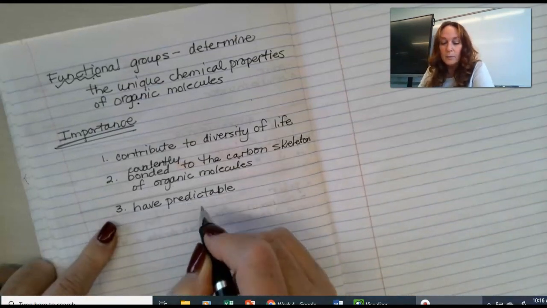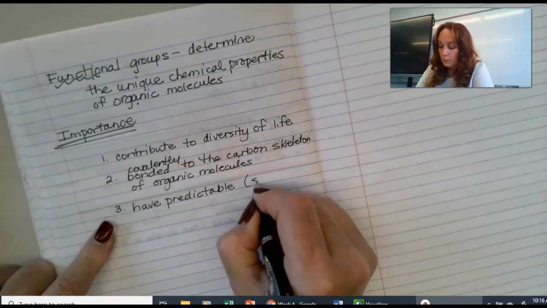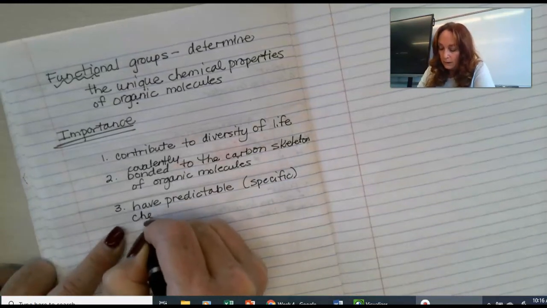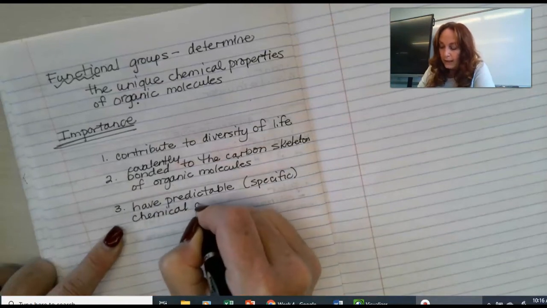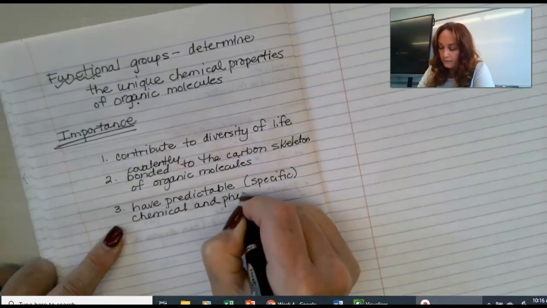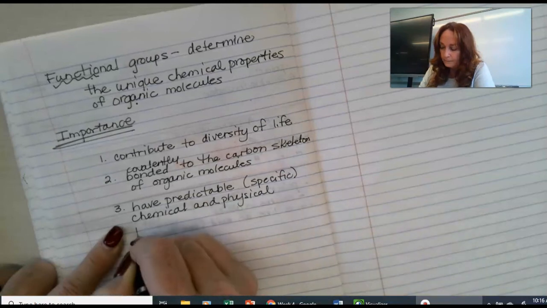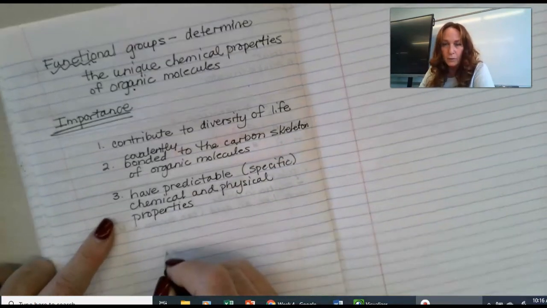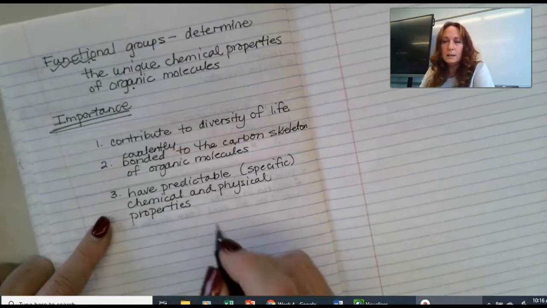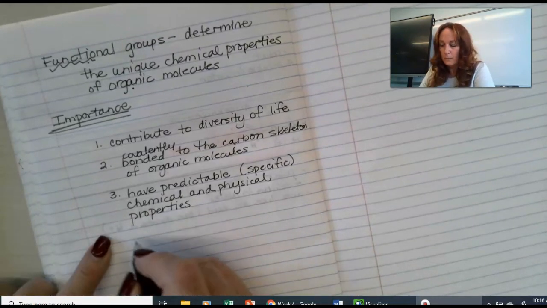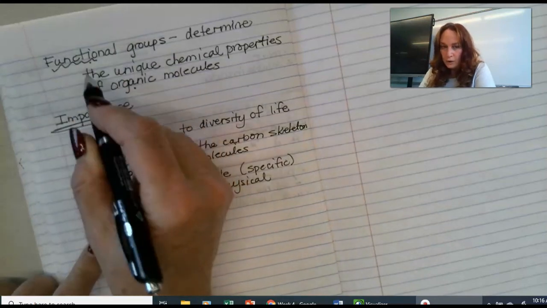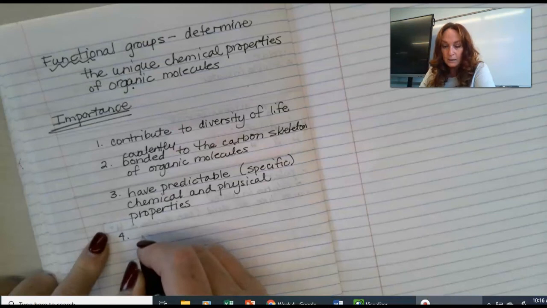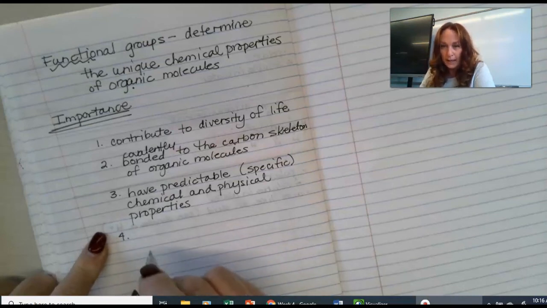So they have predictable, so I'm going to say specific, chemical and physical properties. So every single time that you put a methyl group on a molecule, it's going to be nonpolar. These functional groups are the place where the molecule is reactive.